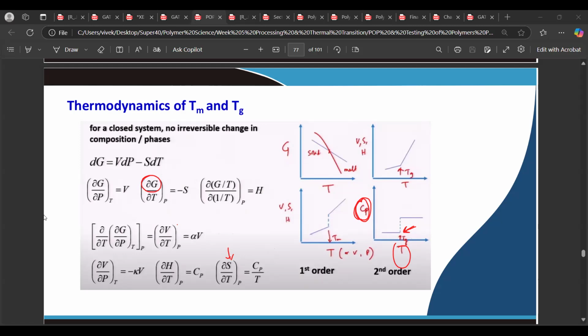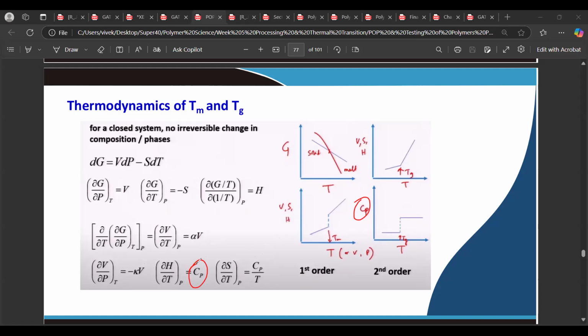So what defines a transition as second order or first order? It is defined by the thermodynamic equation, whether that quantity is related to the first order derivative of G or the second order derivative of G.